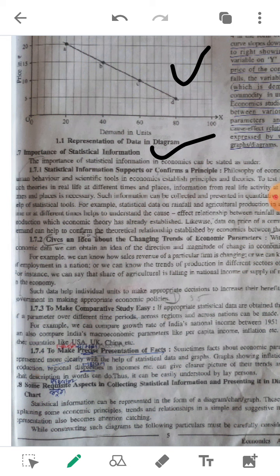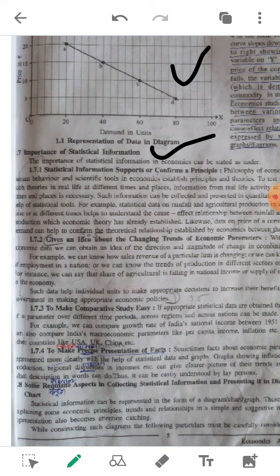Likewise, data on the price of a commodity and its demand can help to confirm the theoretical relationship established by economics between the two. Next, it gives an idea about the changing trends of economic parameters. With the help of economic data, we can obtain an idea of the direction and magnitude of change in economic parameters.